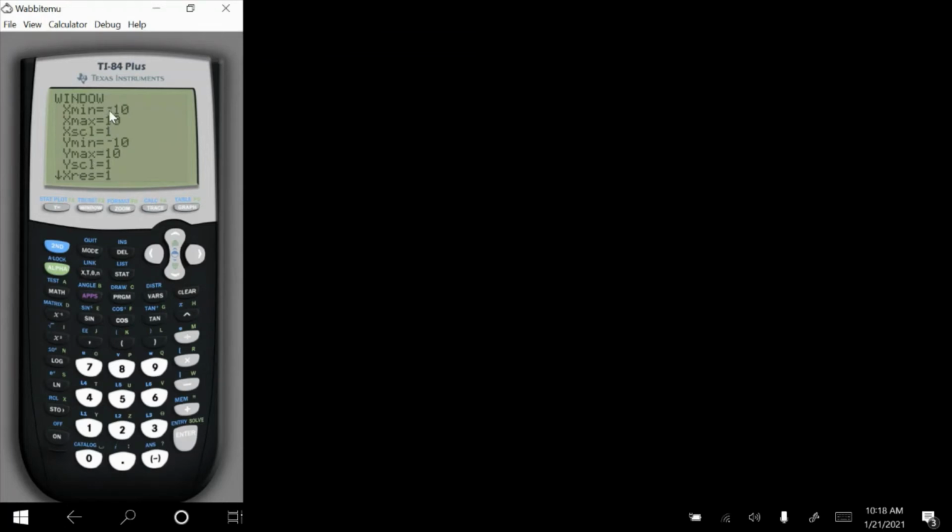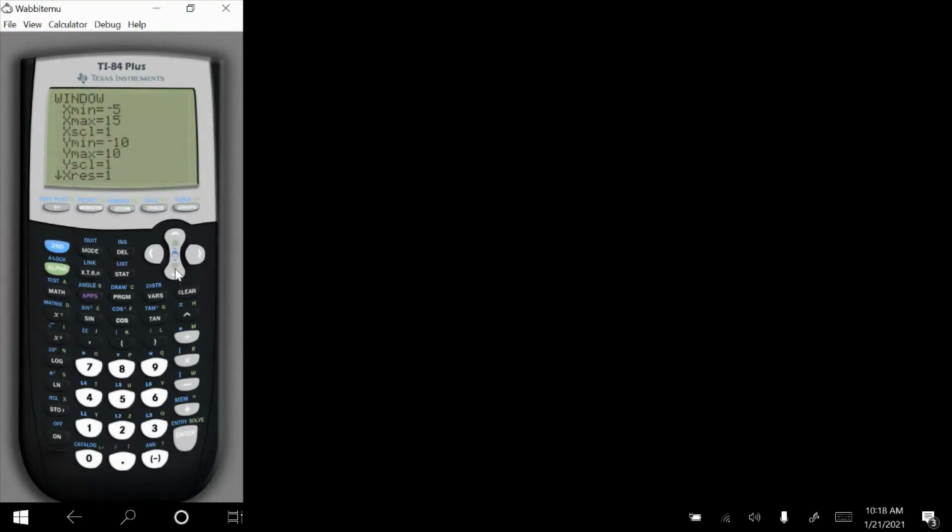X min we want to be negative 5, and you can just overwrite these numbers by typing in the numbers right off the bat. Because we want negative 5, we're going to press the small minus sign at the bottom, and then 5. We'll jump down to X max and change that to 15.